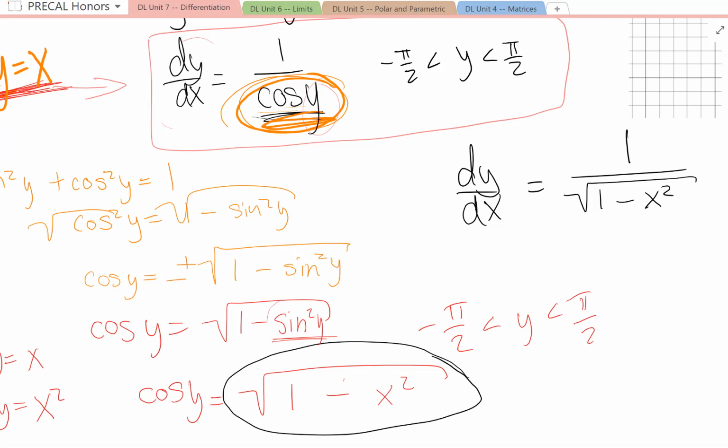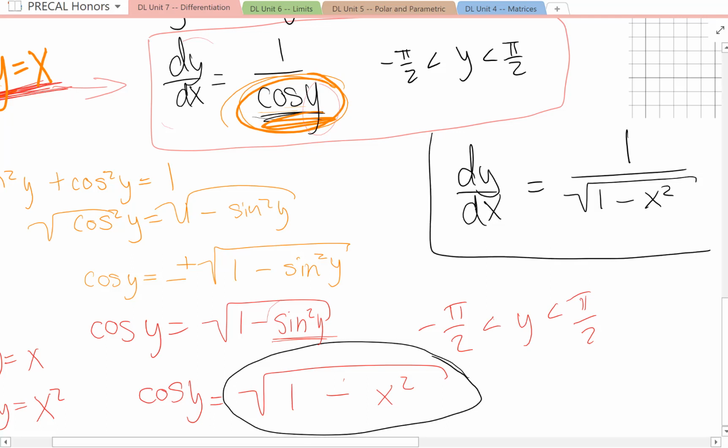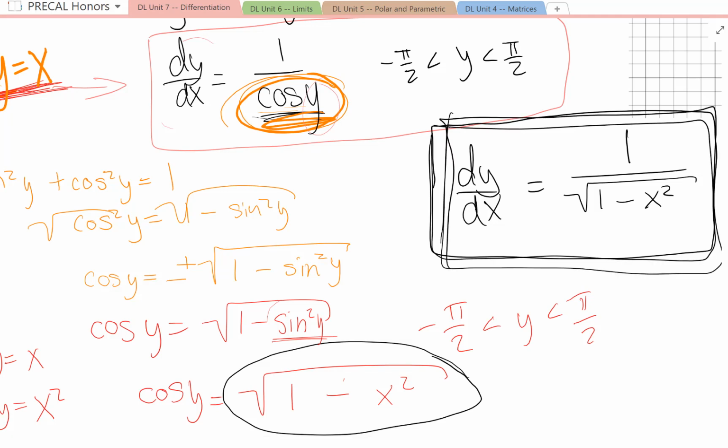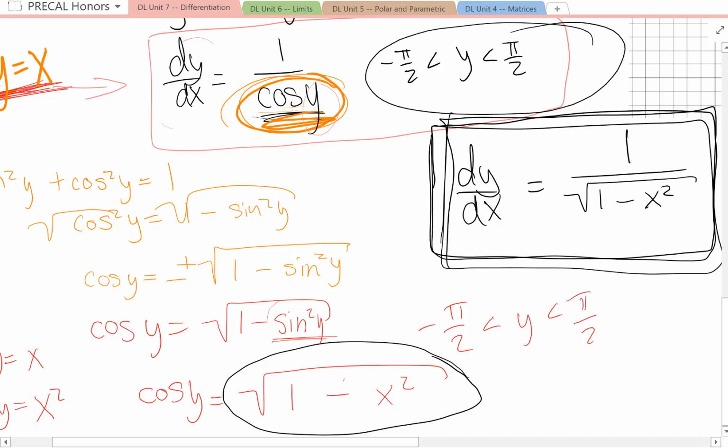Now that we've written it explicitly, we do not need to write its restrictions. Our restrictions helped us to figure out which version to use, plus or minus. In our interval, the results were only positive. So the final answer does not need to state any restrictions because they're basically embedded into this explicit form.